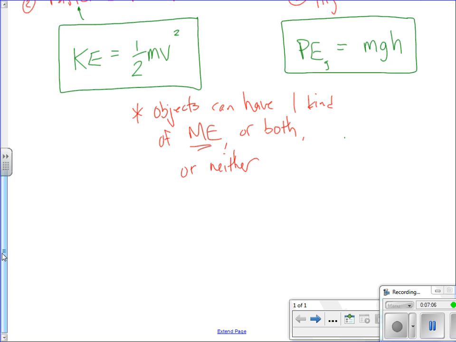You run into this a lot, or I run into it every year. People say something like, if it's moving, then it can't have PE also. That's not true. All right, and really, to tell you the truth, mechanical energy, by definition, is the sum of those two energies.